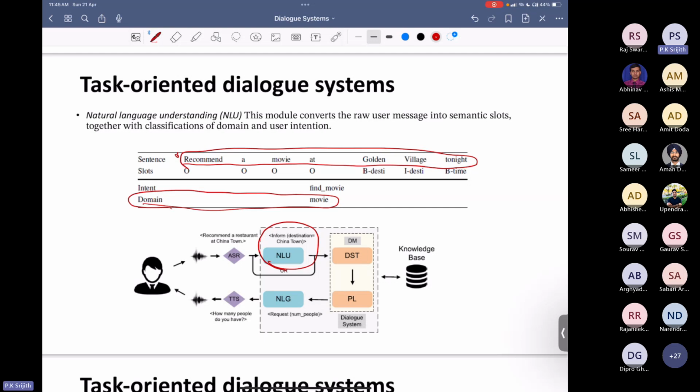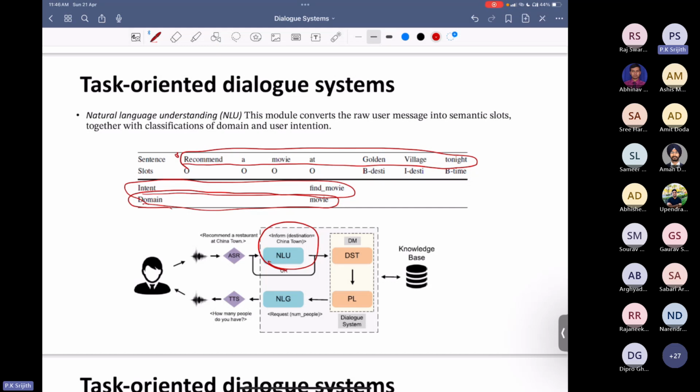What is the intent of the user? So the NLU unit has to find out the domain and the intent. For example, here the user wants to find some movie located at some place called Golden Village at some date like tonight.